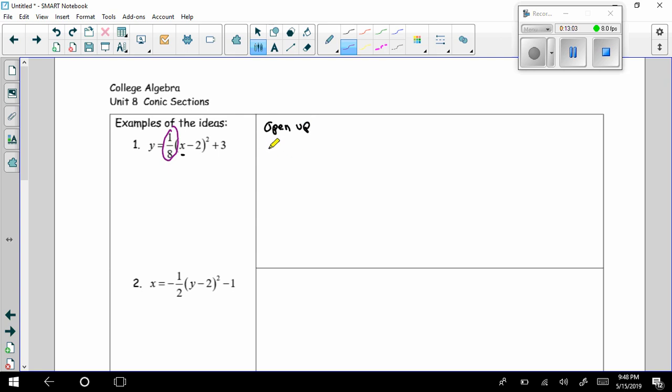So remember that a is equal to 1 over 4p. So 1/8, this is your a value. So 1/8 is equal to 1 over 4p. So we're just going to cross multiply here. So 8 is equal to 4p, and p is equal to 2.